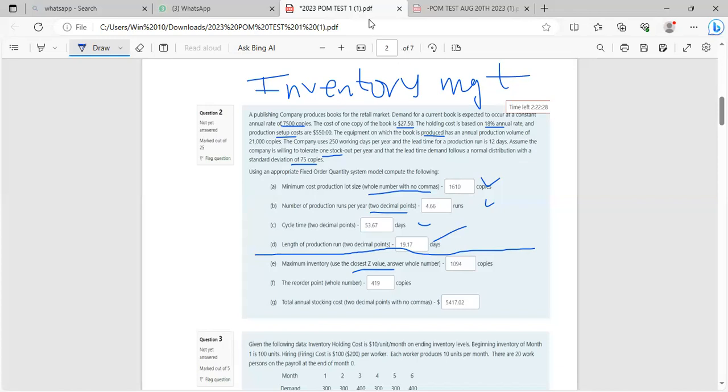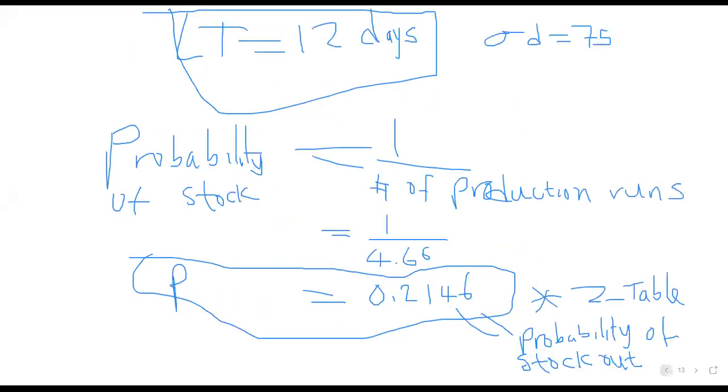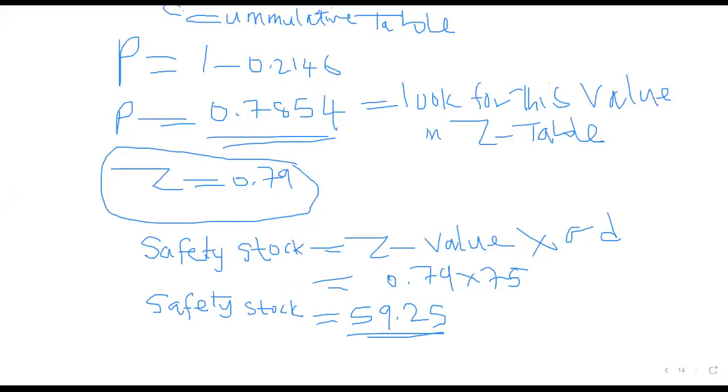The probability of stock out we found is 0.2146, so the probability that they'll continue producing is 0.7854. So the safety stock is equal to the Z value, which we get from the service level, 0.79, by 75, which is 59.25.